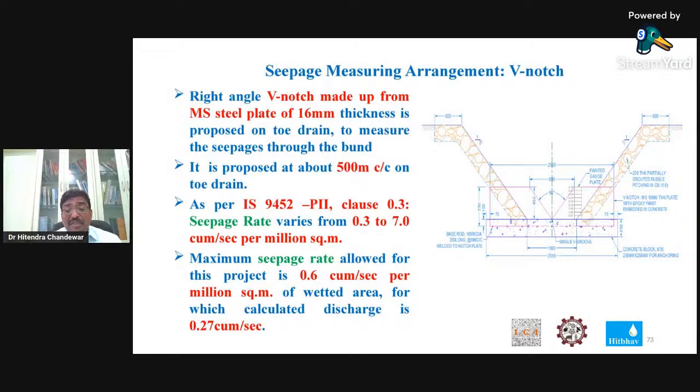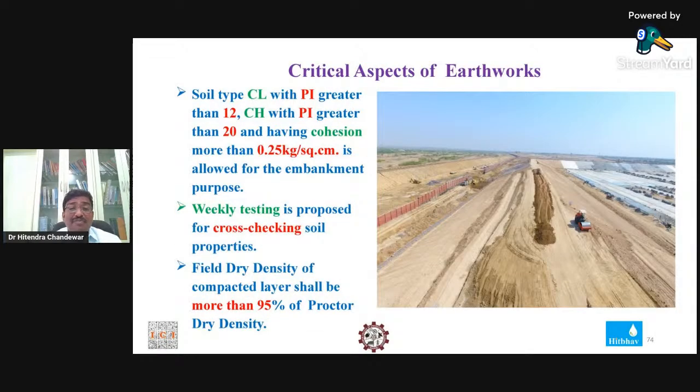So this is how the V-notches were observed. Now we'll find the running works of the earthwork going on. As for the soil type, instructions were given to the site that the soil they are bringing from the notified quarry must be checked on a weekly basis: the soil shall be of CL type having PI more than 12, or of CS type, and the dispersion should be more than 0.25 kg per centimeter.